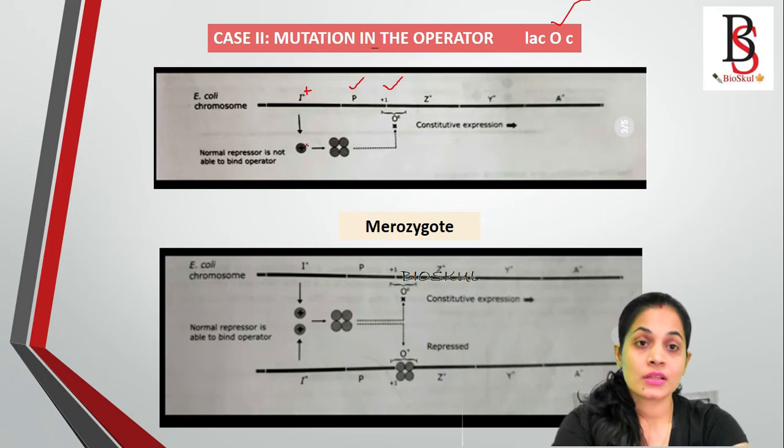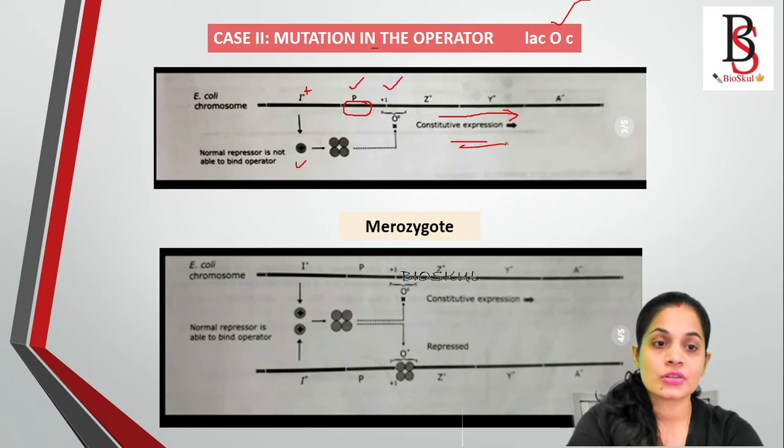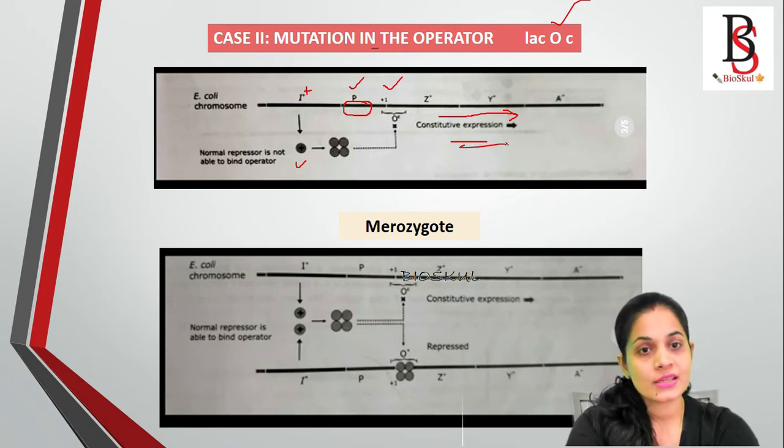Though the repressor gene or Lac I gene produces the normal repressor, this normal repressor cannot bind to the operator region, as it is mutated. So RNA polymerase will bind to the promoter region, and it will cause the constitutive expression of the gene.